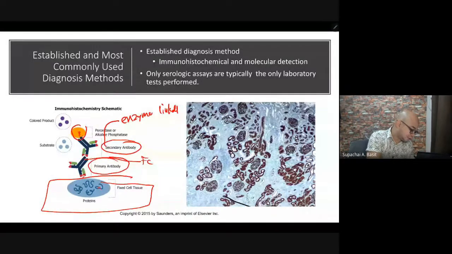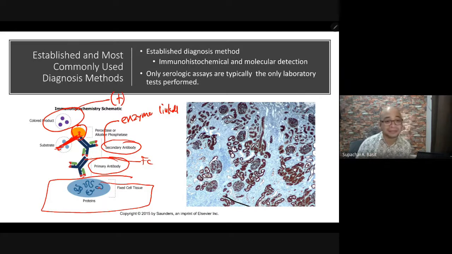Since it contains an enzyme, the substrate will react with the enzyme, because a substrate is a substance being acted upon by an enzyme. Because of the interaction, there would be a colored product, and if there's a colored product, it means that the result is positive.